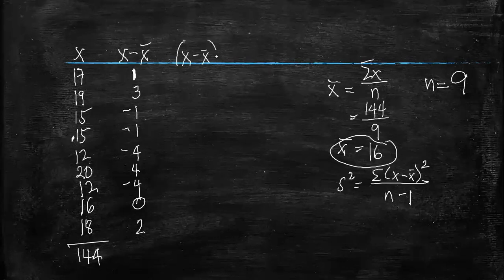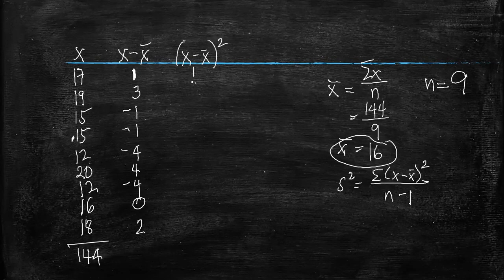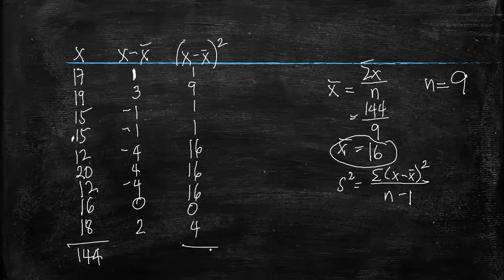Okay. X minus x bar squared. Is-squared na natin sila. So we have 1, 9, 1, 1, 16, 16, 16, 0, and 4. Okay, what's the sum? 64.